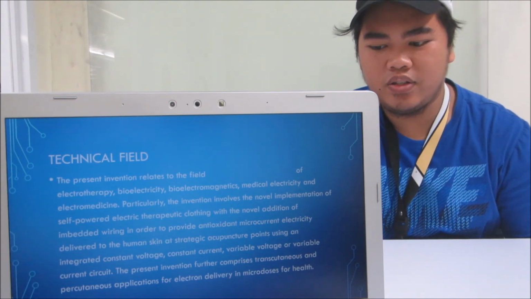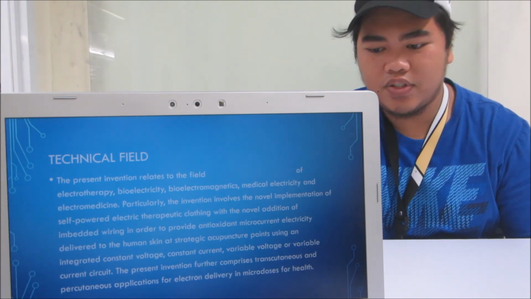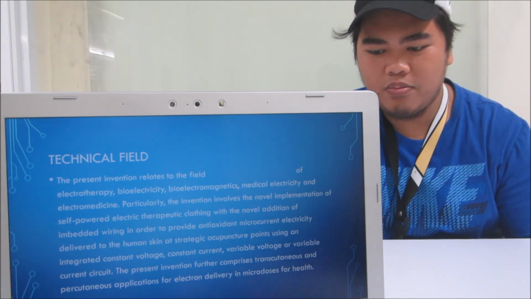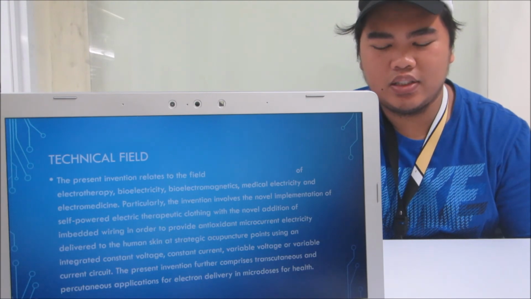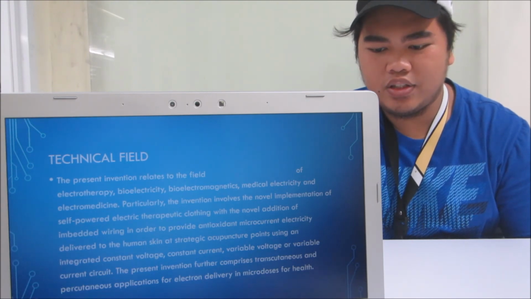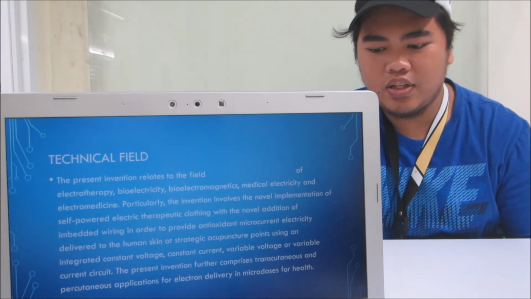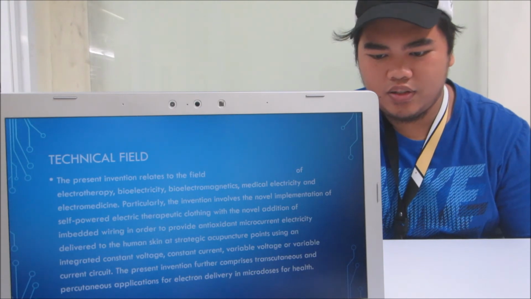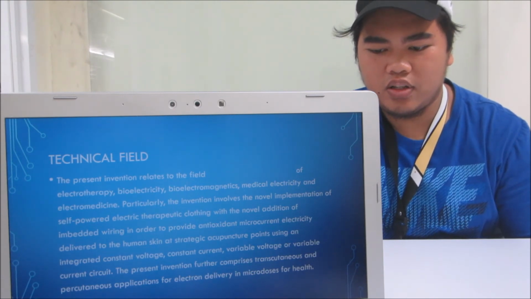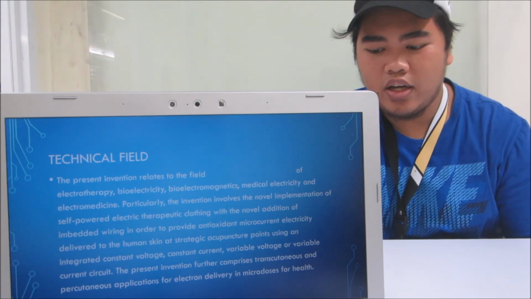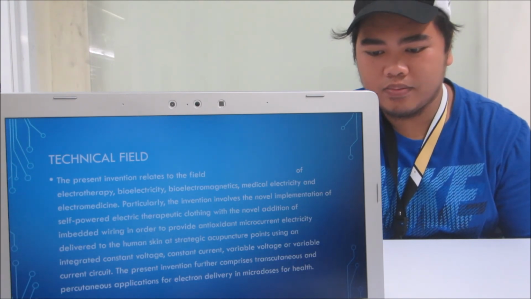Particularly, the invention involves the novel implementation of self-powered electric therapeutic clothing with the novel addition of embedded wiring in order to provide antioxidant microcurrent electricity delivered to the human skin at strategic acupuncture points using an integrated constant voltage, constant current, variable voltage or variable current circuit. The present invention further comprises transcutaneous and percutaneous applications of electron delivery in microdoses for health.